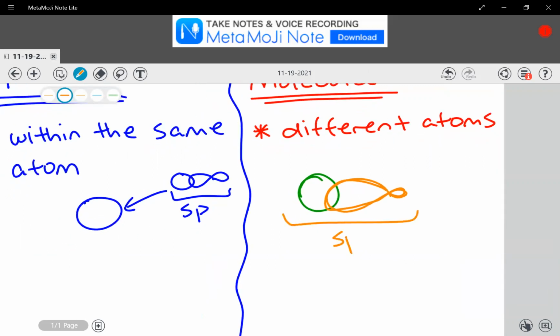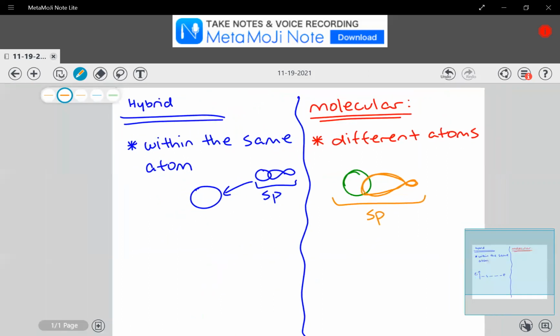And now they're going to form an sp, but it's between the orbitals of two different atoms. So it's going to be considered molecular instead. So for hybrid, the overlapping orbitals are inside the same atom. For molecular, the overlapping orbitals are between different atoms. Another difference is that the hybrid orbital doesn't give any info about antibonding, while the molecular orbital does give info about antibonding, and a bit more of that in a few minutes.